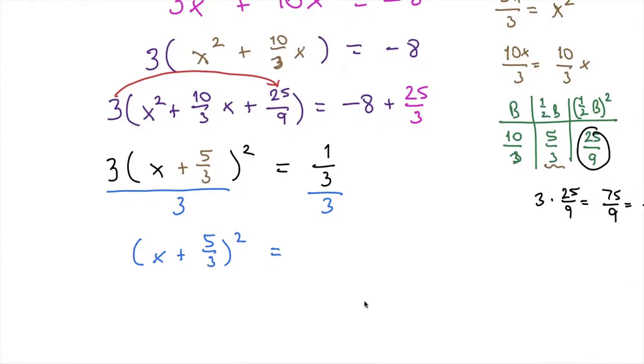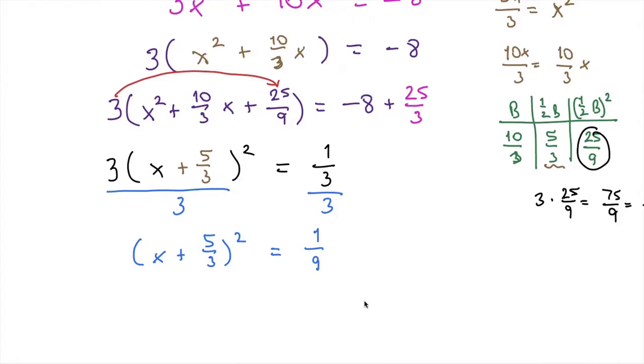If you're using a Desmos calculator or whatever, make the fraction with 1/3 on the top and 3 on the bottom, and you will get 1/9. So we have x plus 5/3 squared equals 1/9.